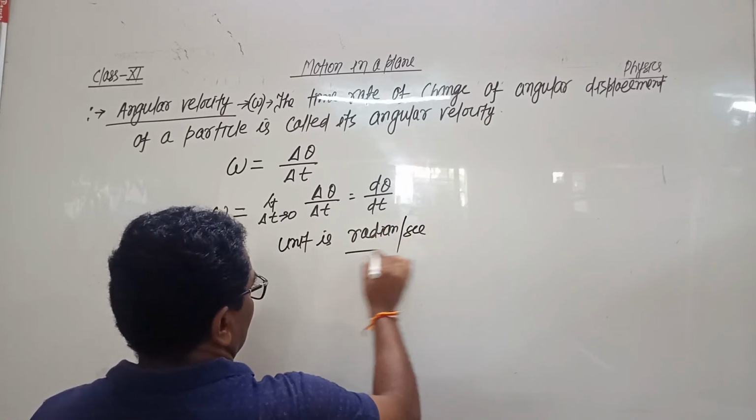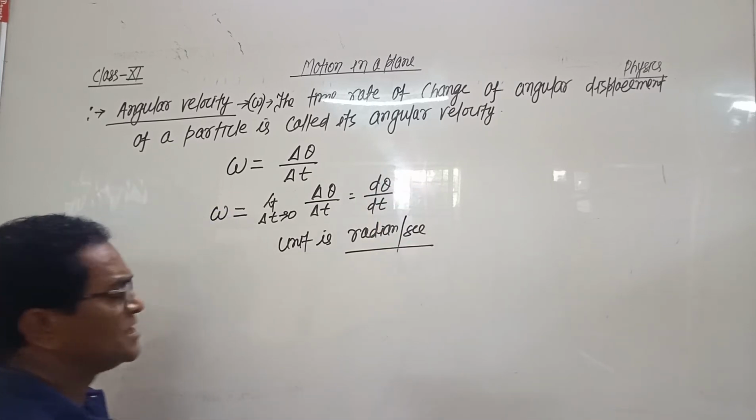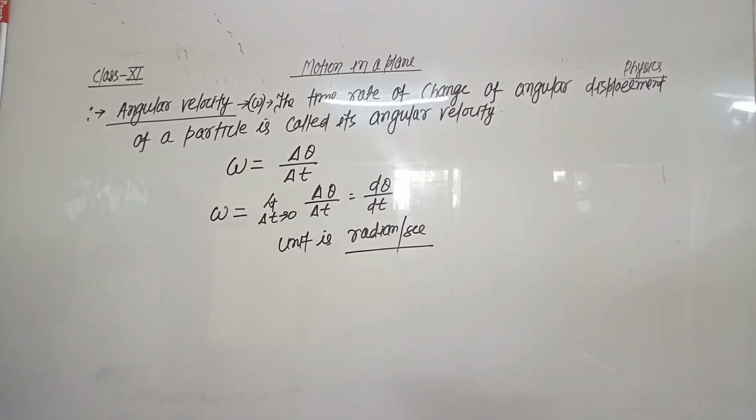The unit of d theta is radian, and the unit of dt is second.